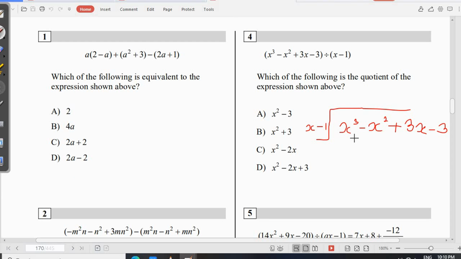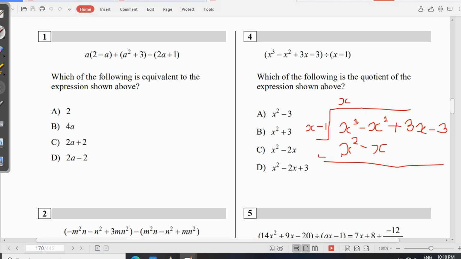So there are many ways of doing this division. You can either do it this way: x into x cubed, you have x, multiply x times x minus 1, you have x squared minus x. Then you subtract it.